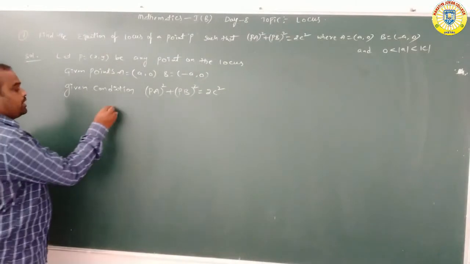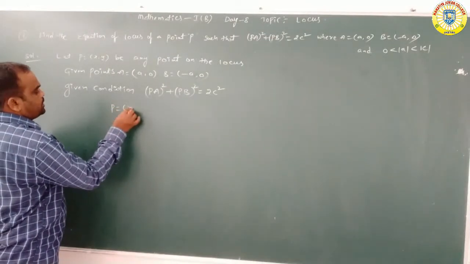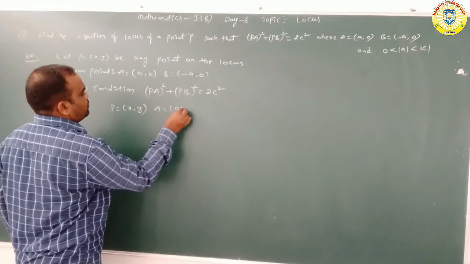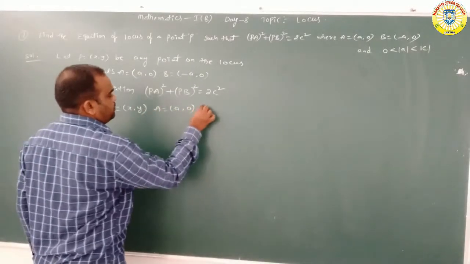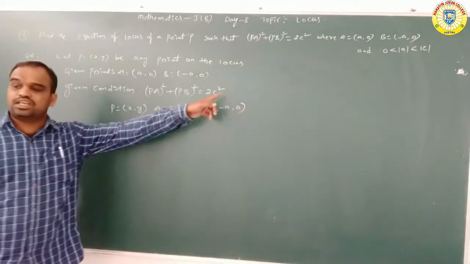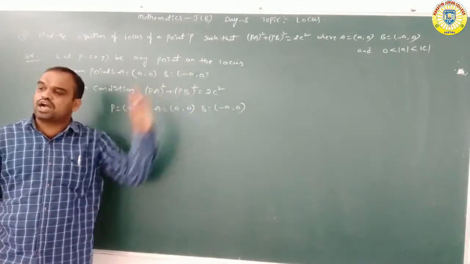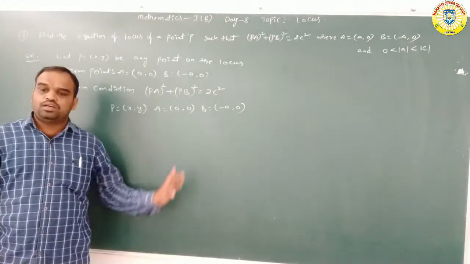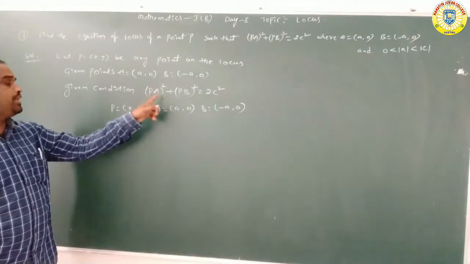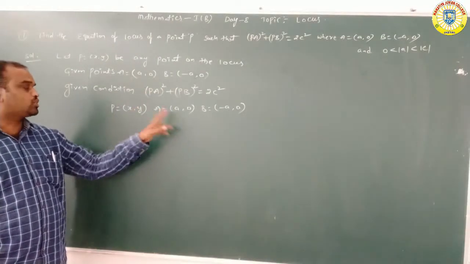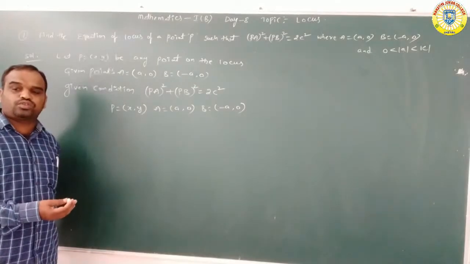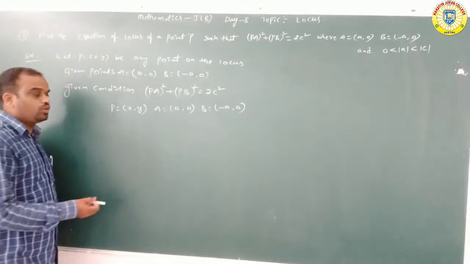Here P is (x, y), A is (a, 0), B is (minus a, 0). C is not a coordinate, C is the constant value. For PA square, no need of writing under root, just substitute the P and A values: (x1 minus x2) whole square plus (y1 minus y2) whole square.